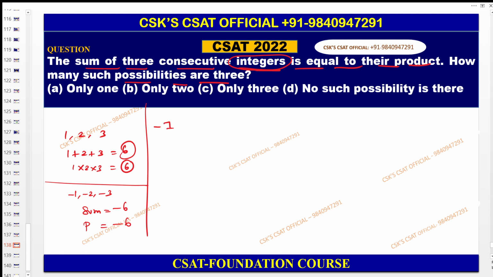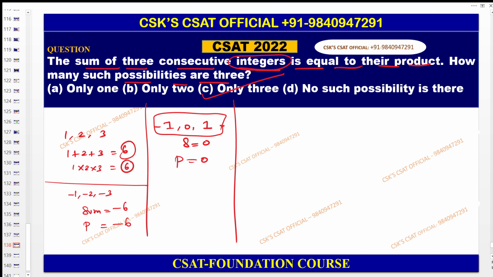So minus 1, 0, 1. The sum here is 0, product here is 0. So this is possible. So therefore 3 possibilities are there. Suppose if you don't know these things, you can go with one more concept you learned in your progression.